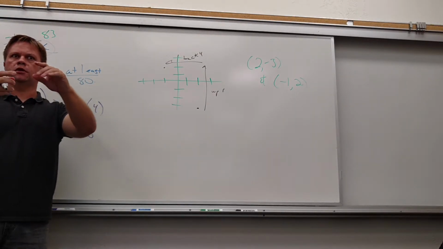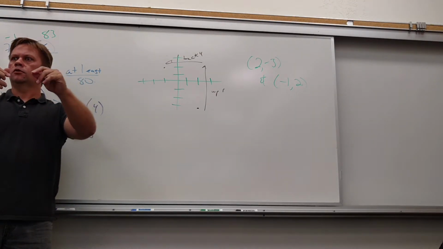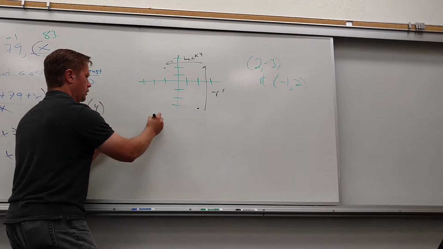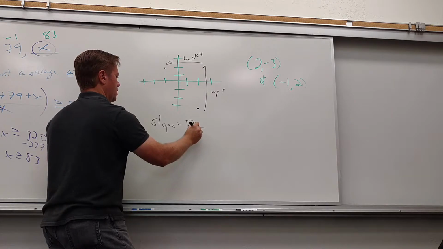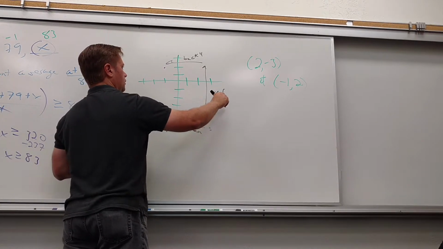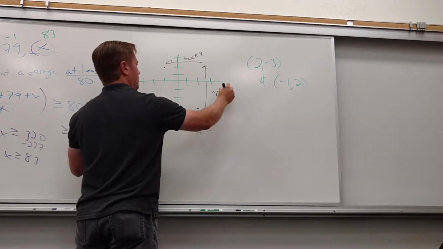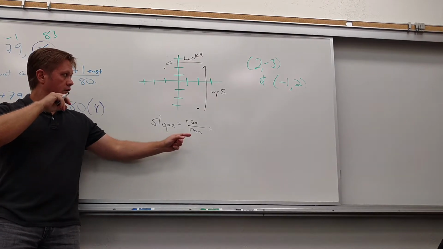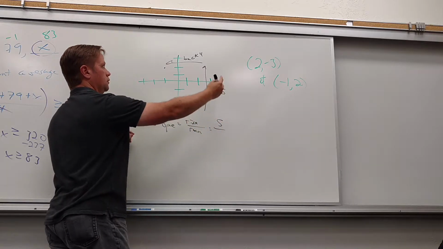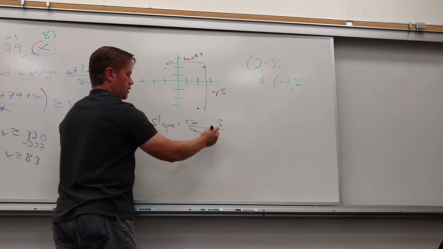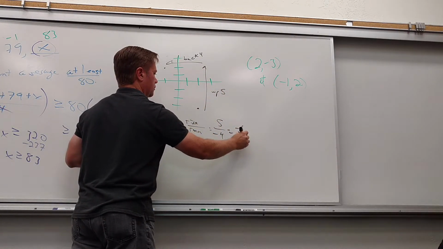What's the slope in words? Rise over run. How much did I rise? Up 5, right? So I rose 5, and how much did I run? Back 4, so -4. So -5 fourths.